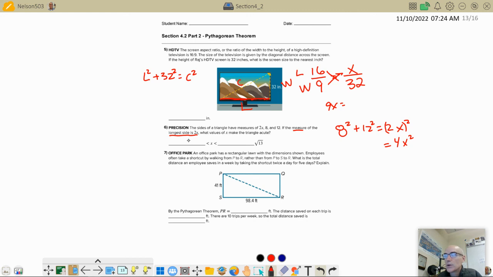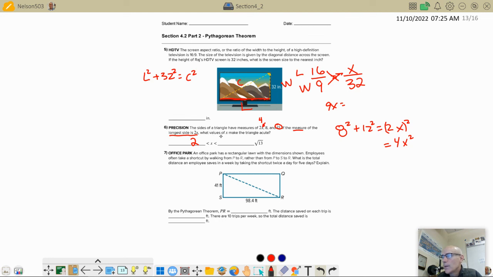Oh, well, it's got to be bigger than 4, because if it's not bigger than 4, let me back up for a second. Hold on one second here. It's got to be bigger than 2, because when I stick 2 in for x, I would get 4. 4 plus 8 is 12. It's got to be bigger than 12. Otherwise, it's not going to make a triangle, right?